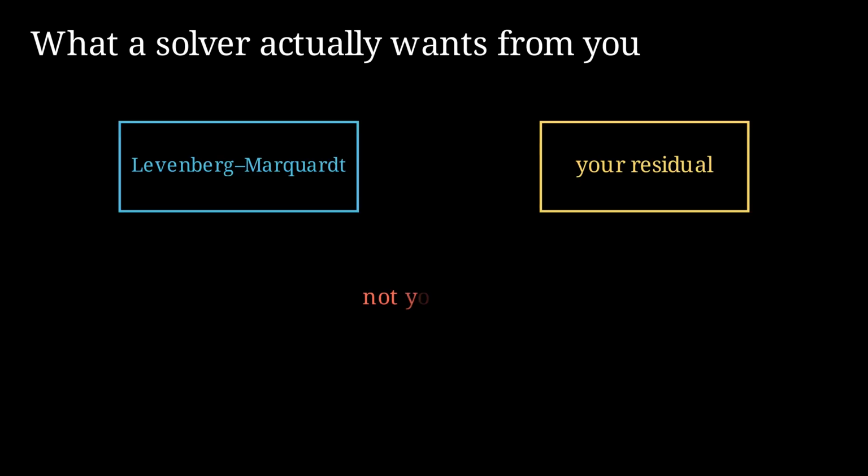First, quickly where this thing sits, because we've been building up to it for a few videos now. A solver like Levenberg Marquardt wants exactly one thing from you. Not your data, not your pictures. It wants a residual function, something it can hand a guess to and get back a number saying how wrong that guess is.